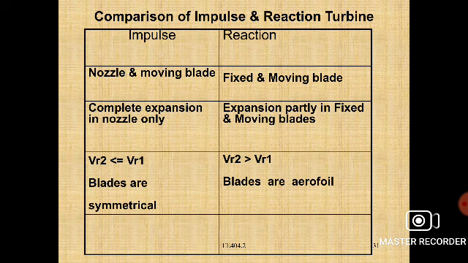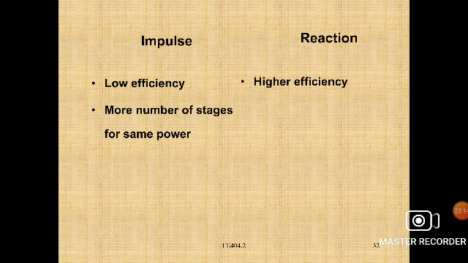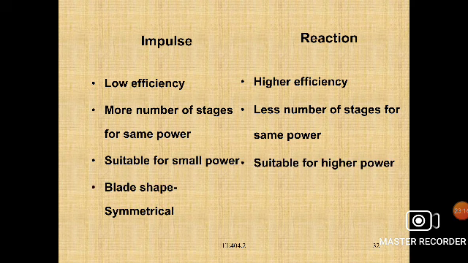Fixed and moving blades are identical and they are aerofoil type in the reaction turbine. It occupies more space than the boiler. So these are the main differences between the impulse turbine and the reaction turbine.